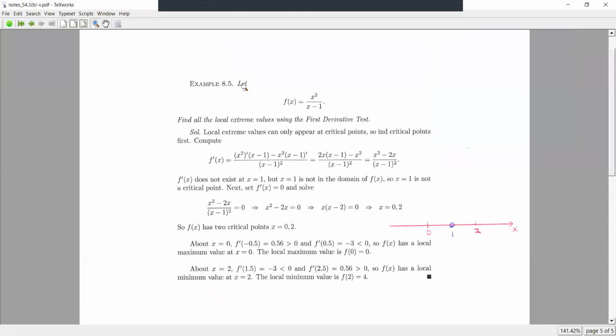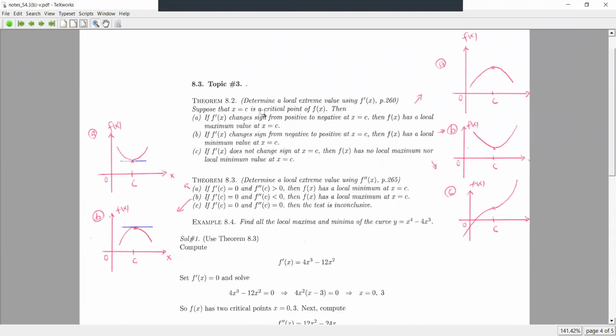Second example under the topic number 3. Consider this function. Find all the local extreme values using the first derivative test. First derivative test means this test, the first derivative.